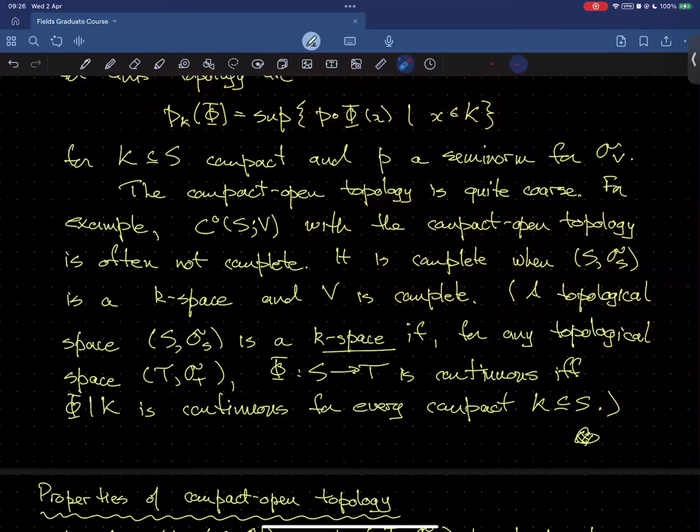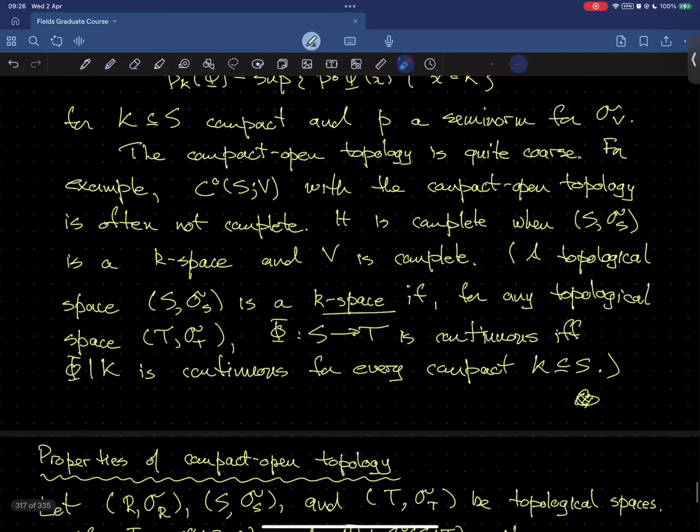A common example of a class of K spaces are locally compact spaces. It's not true, for example, that locally convex spaces are K spaces, so their open subsets are also not generally K spaces. Finite dimensional locally convex spaces are K spaces, and so too are their open subsets.